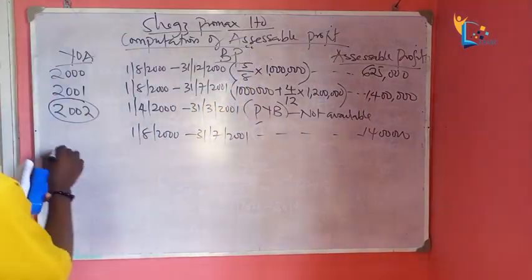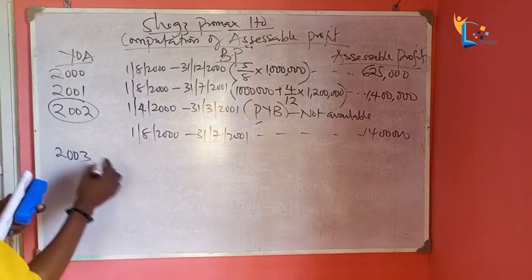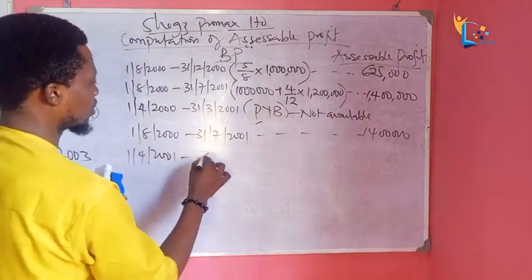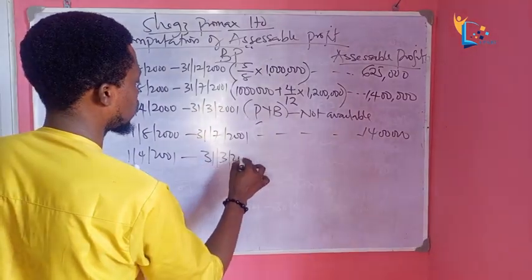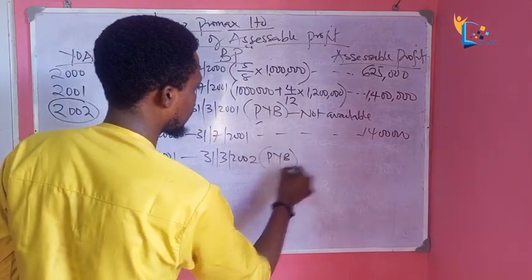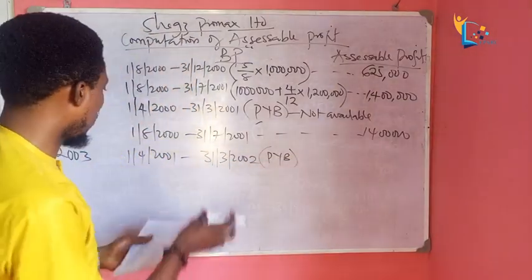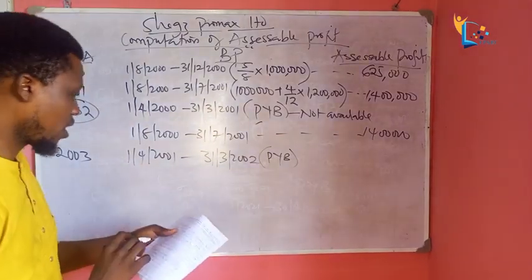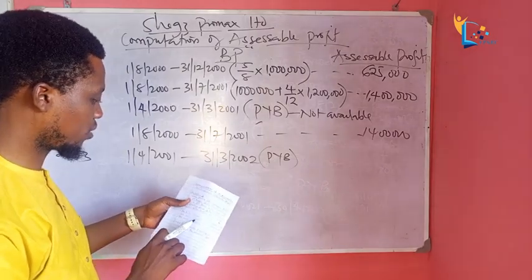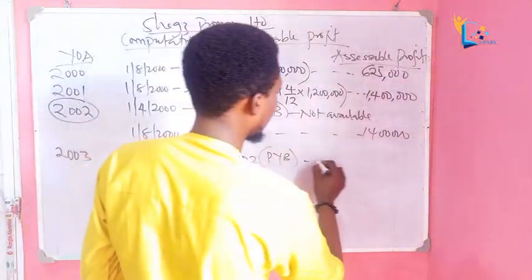Just repeat it. Then 2003, we have 1st of April 2001 to 31st March 2002, preceding year basis as well. So let's check if we have information available for this. Year ended 31st March 2002. Okay, we have it, 1.2 million.